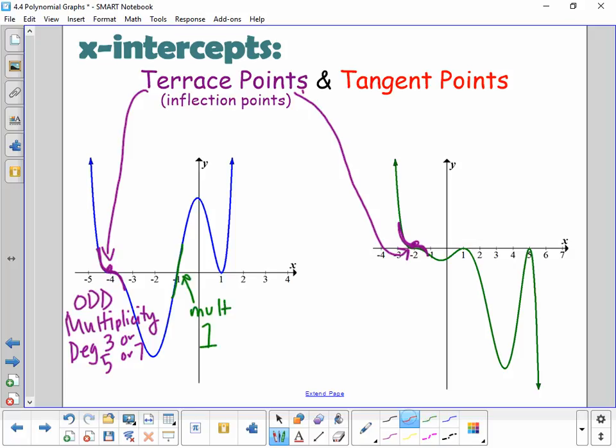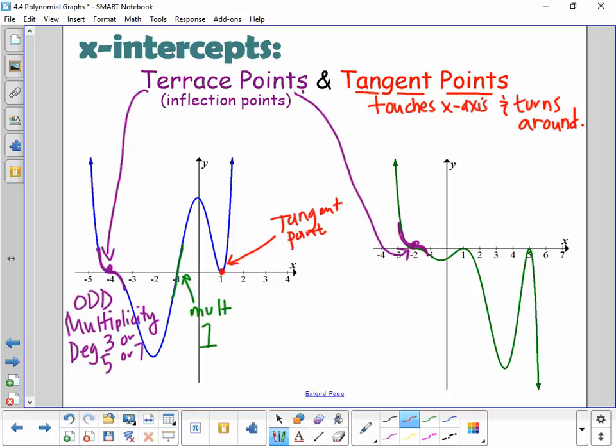And then another type we have are called tangent points. We've also said that this is the behavior when it touches the x-axis and turns around. So it's when you have a relative min or relative max on the x-axis as an intercept. So this is a tangent point, a tangent intercept.